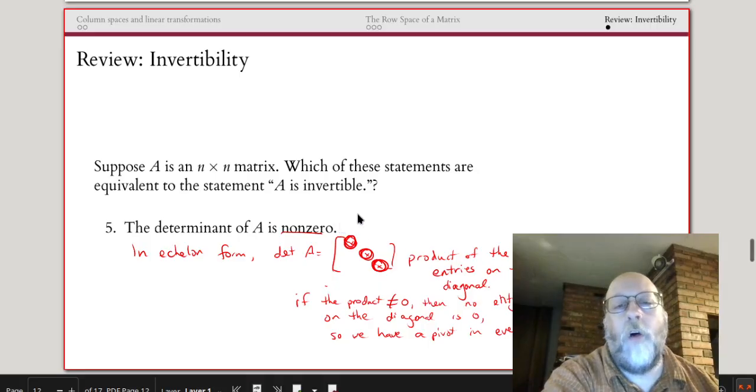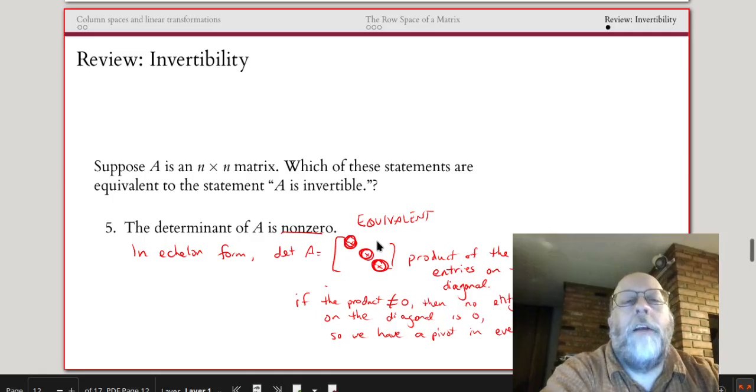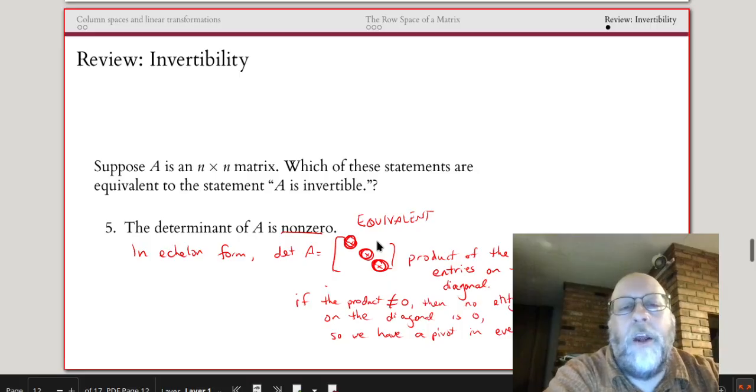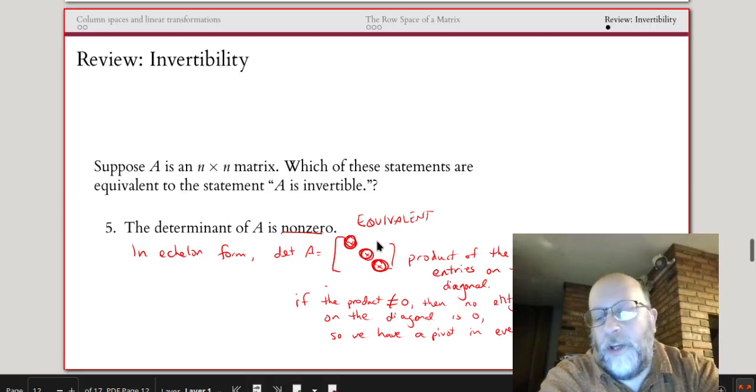And so this is also equivalent. If I tell you that the determinant of a square matrix is not zero, then you automatically know that the matrix is invertible, because those two statements are equivalent to each other.